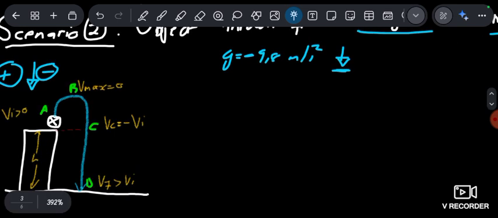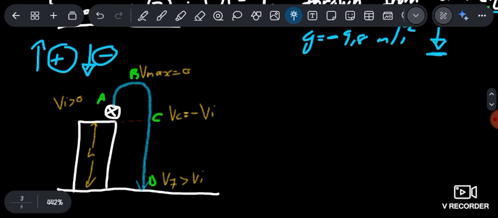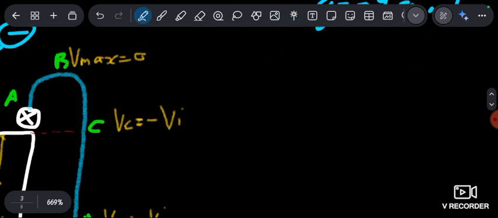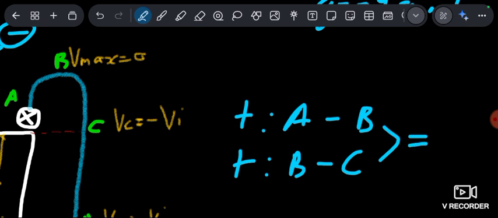Now, let's continue. If I'm speaking about the time, the time it takes for the ball to go from A to B and the time it takes for the ball to go from B to C are going to be equal. Why?